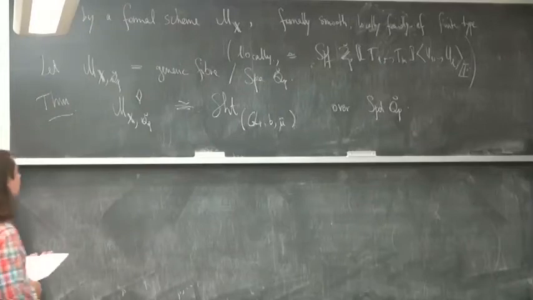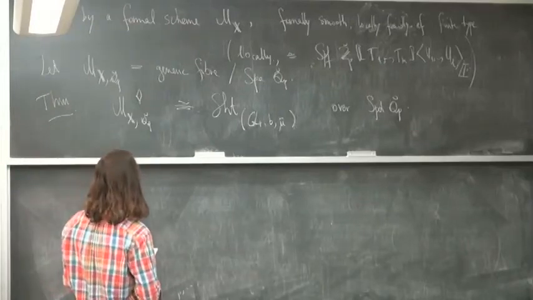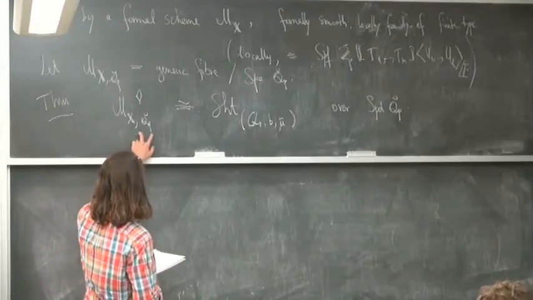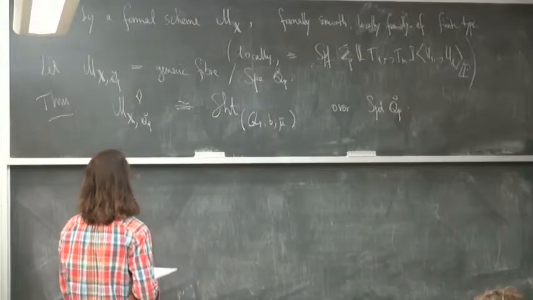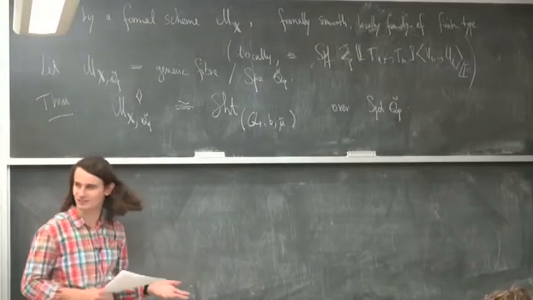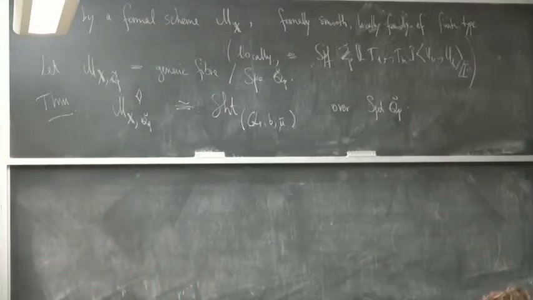Well, the issue is that integrally it's not analytic, and so I haven't defined an associated diamond, but up to this issue, yes. Although the proof I'm about to explain will only identify the generic fiber.